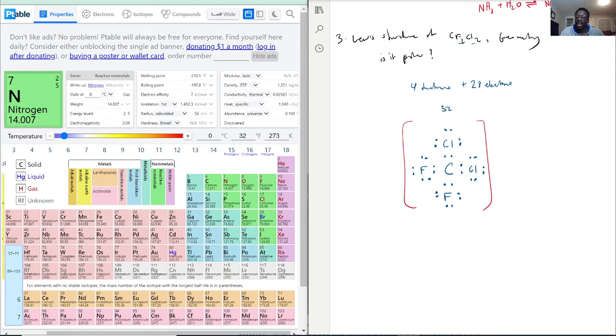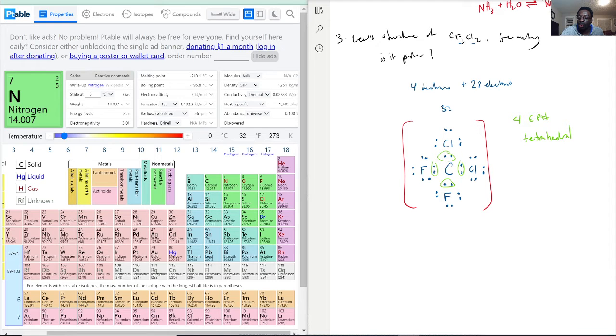So this right here would be the Lewis structure for CF2Cl2. And now the geometry, this is where it gets interesting. The electron pair geometry is just based on the things attached to it. It has 4 single bonds, but just think of it as 4 bonds in general. So we have 4 for its electron pair number, meaning this shape is going to be tetrahedral.